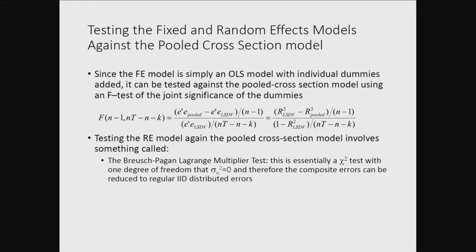The F statistic will help me choose between the two models. It will show to what extent using the fixed effect model is better than, or is the correct one compared to, the pooled OLS.